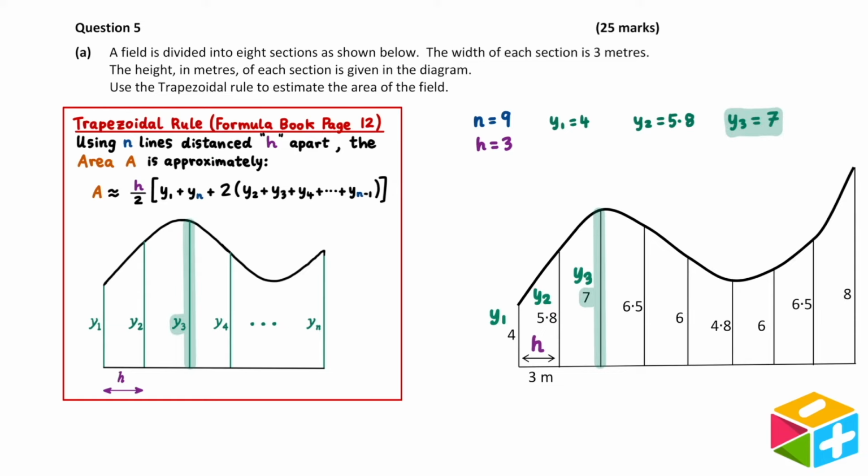Y3 is the height of the third vertical line, and we have y3 is equal to 7. The labellings of the rest of the y values follow in a similar pattern. y4 is the height of the fourth vertical line, y5 is the height of the fifth vertical line, and so on.